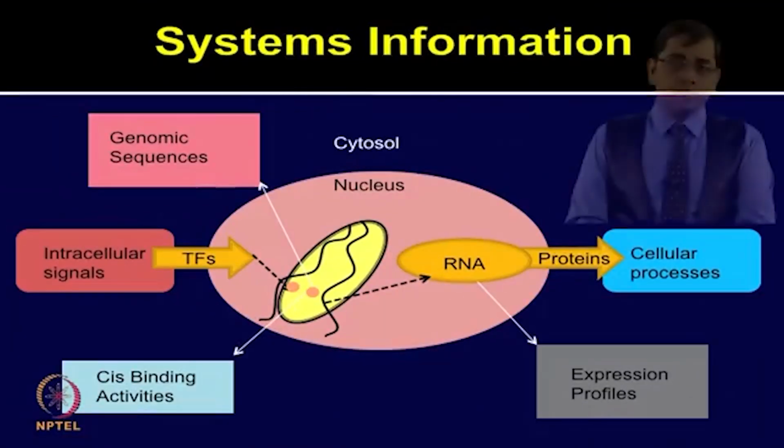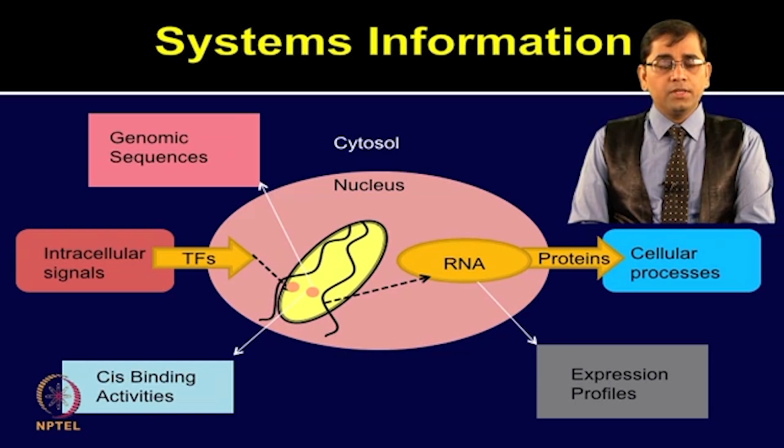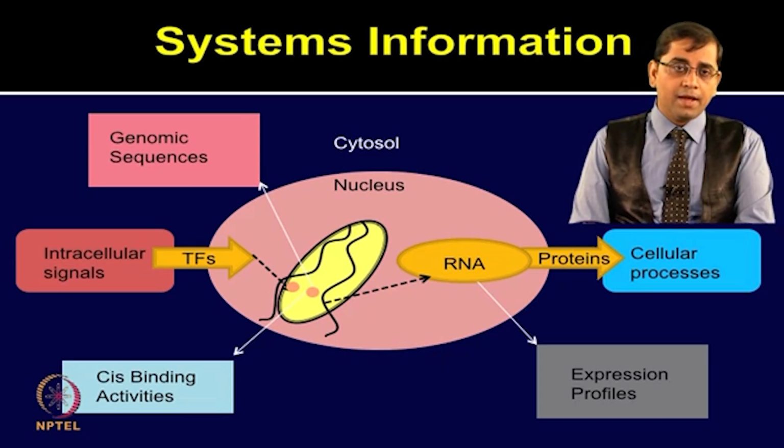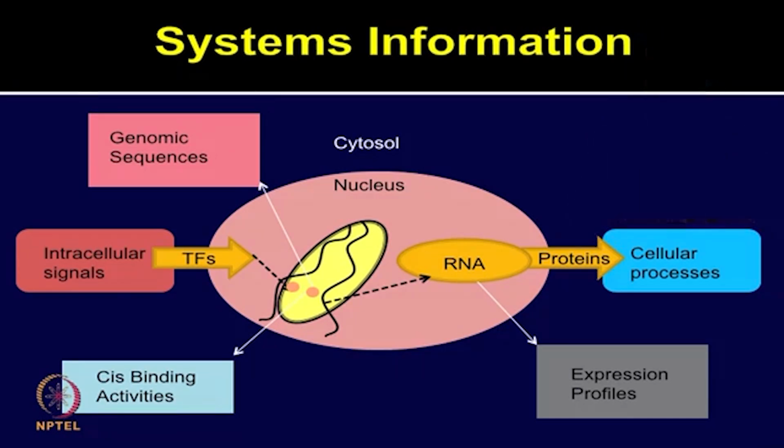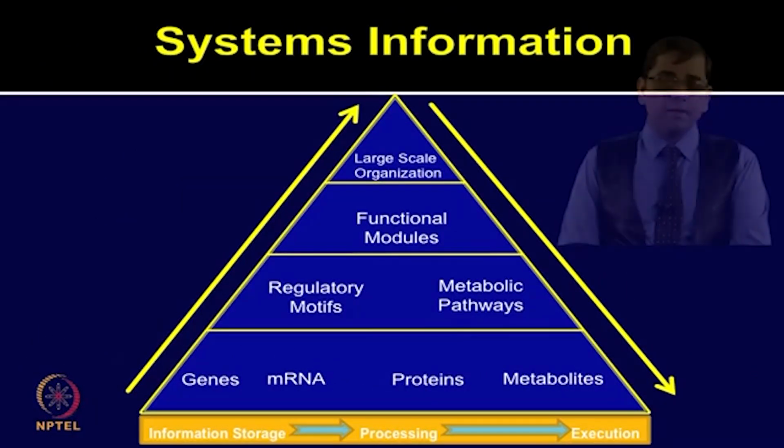Even simpler systems such as a cell can be linked with various properties: its genome sequence, different molecules, intracellular signals, transcription factors, different types of cis binding activities, the expression profiling of RNA and proteins, and different types of cellular processes. What is the systems biology triangle?